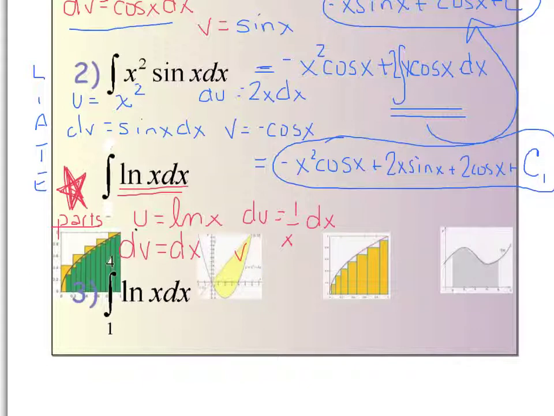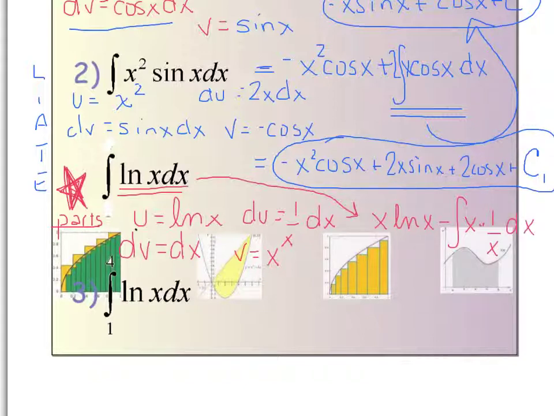And v is x. So this, the integral of u dv, is equal to uv, which is x ln of x, minus the integral of v du. So that is x times 1 over x dx.